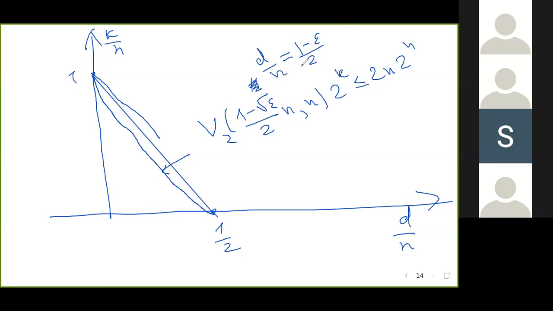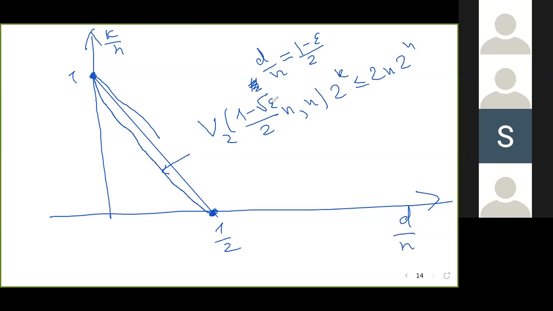So first of all, we need to express epsilon through d over n as 2 times d over n times 1 minus 2d over n. And then substitute this expression here in place of epsilon, and so we obtain this bound in terms of d over n. And so one can verify that indeed in this point they coincide.